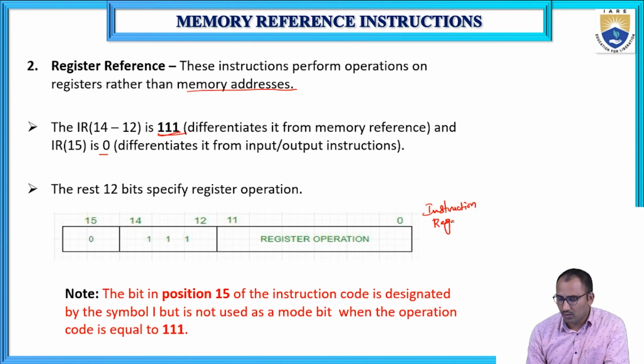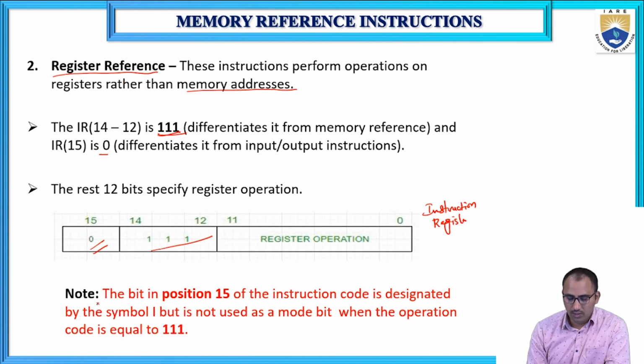So the 15th bit should be 0 and the 12th, 13th, 14th opcode bits should be all ones. Then only it is called a register reference instruction.